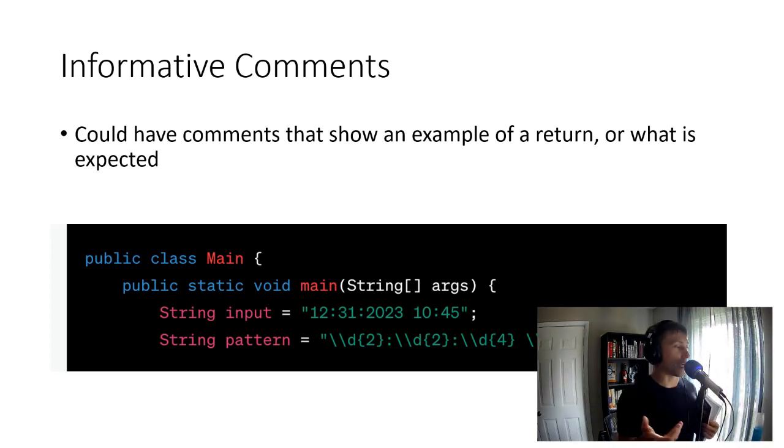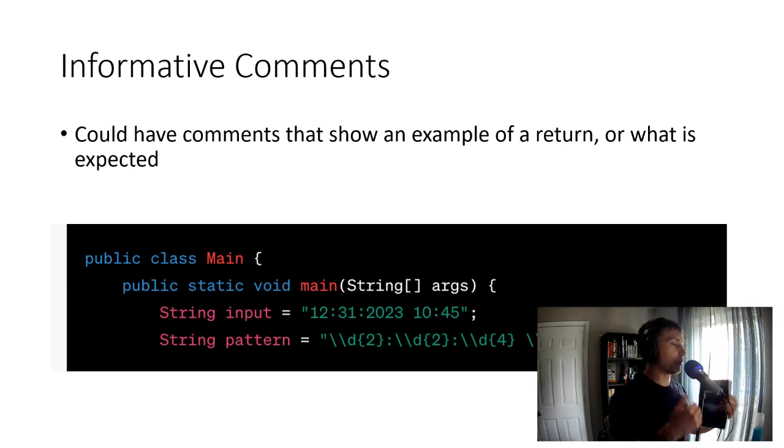But there are some other times where maybe it could serve a purpose, maybe in this example. So there are informative comments, where you could have comments that show an example of a return or what is expected. So in this example, you have this input and you have this pattern. I don't think I copied the screenshot fully here.